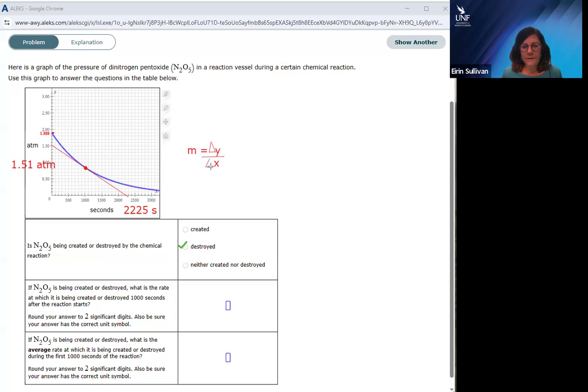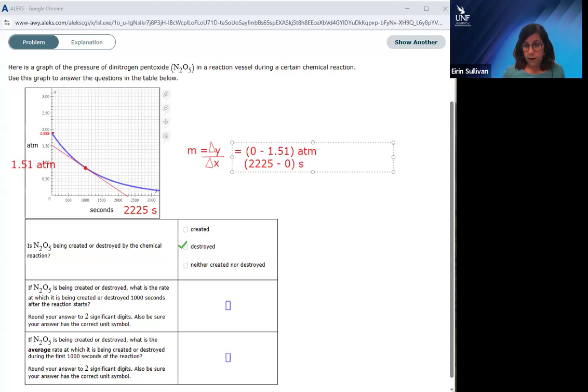So that is going to be the change in y. So we always do final minus initial, right? So my change in y is going to be 0 minus whatever I read off, which was 1.51 atmospheres, divided by my final 2,225 seconds minus 0.